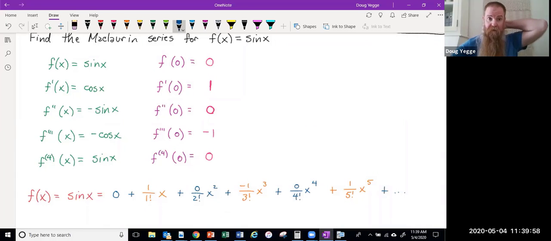So what we've done here is we have just come up with the pattern for what sine x is going to look like.